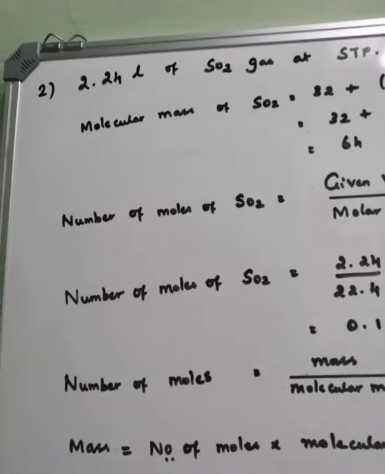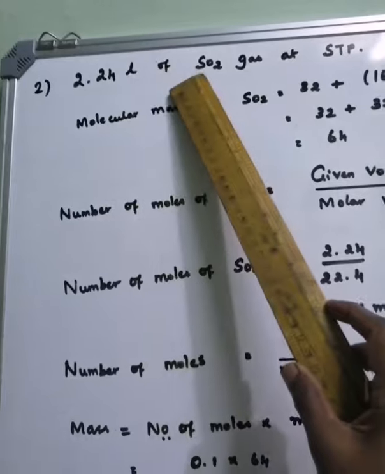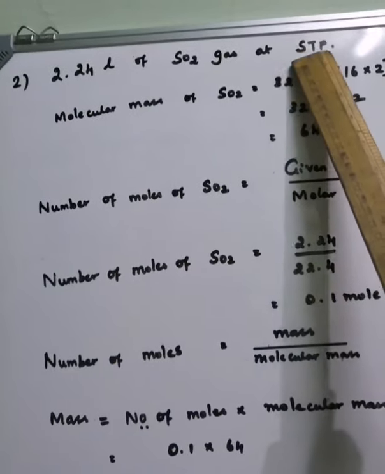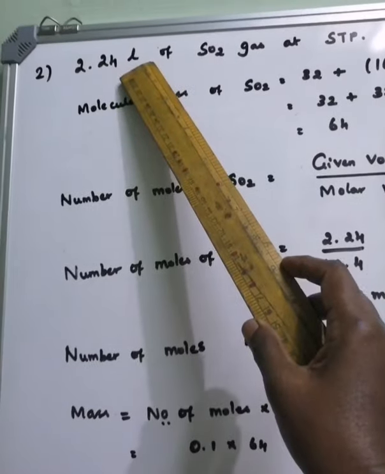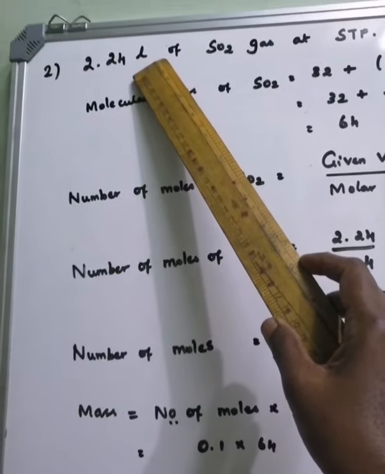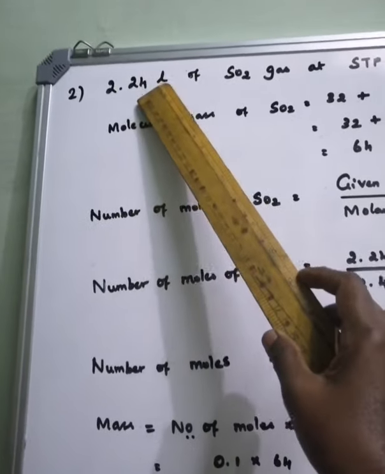Now, the next problem we are going to see is 2.24 liter of sulfur dioxide gas at STP. As we all know, liter is a unit used to measure the volume. So, volume is given.